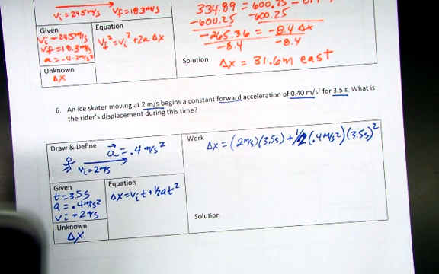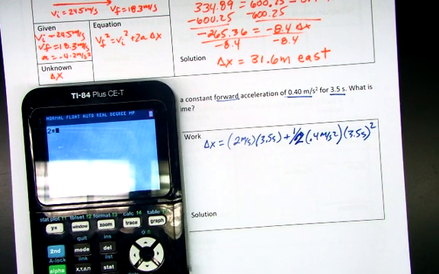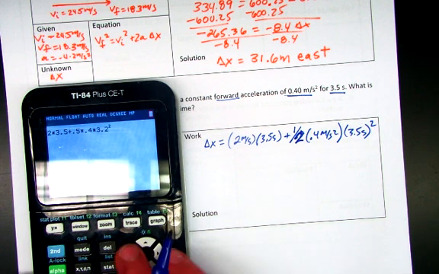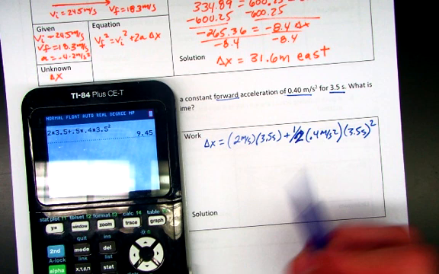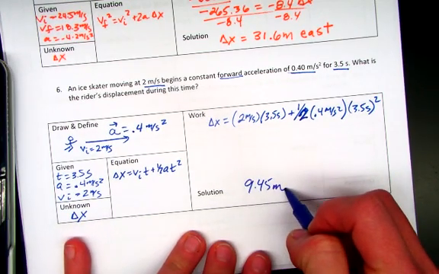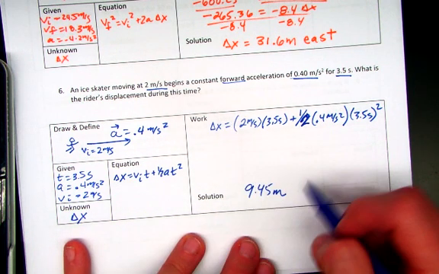Make sure when you type this in that you square that. So we have 2 times 3.5 plus 0.5 times 0.4 times 3.5 quantity squared. We can plug all that in, and so then I get 9.45 meters, because it's displacement, and I'm going forward. So I'll just say forward here.